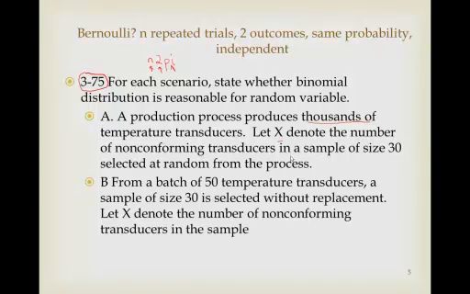Well, the fact of the matter is, whatever that probability is that we'll have a non-conforming transducer, us selecting a transducer out of there is not going to change the probabilities. It's not as if we knew we had a certain number of transducers in there, and so taking one out will change our odds.